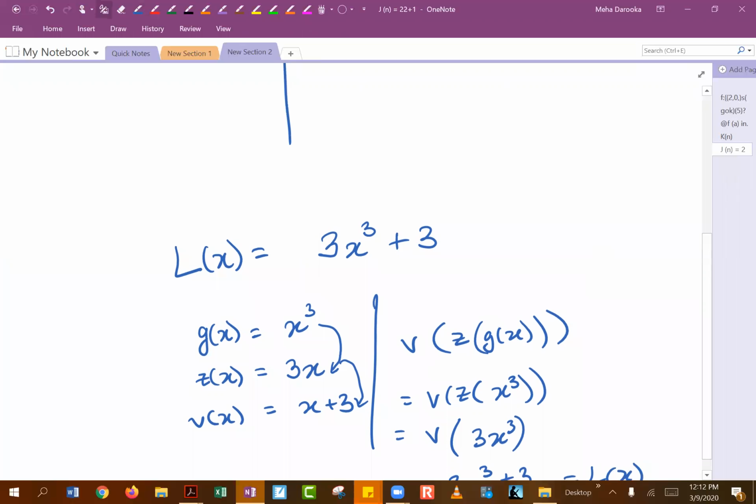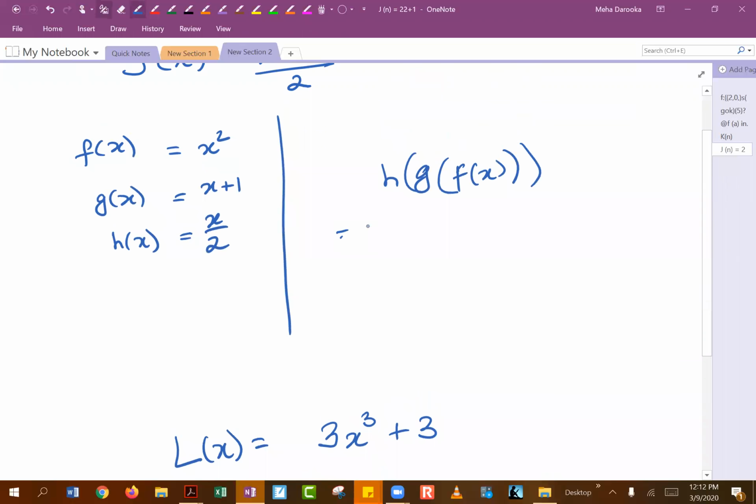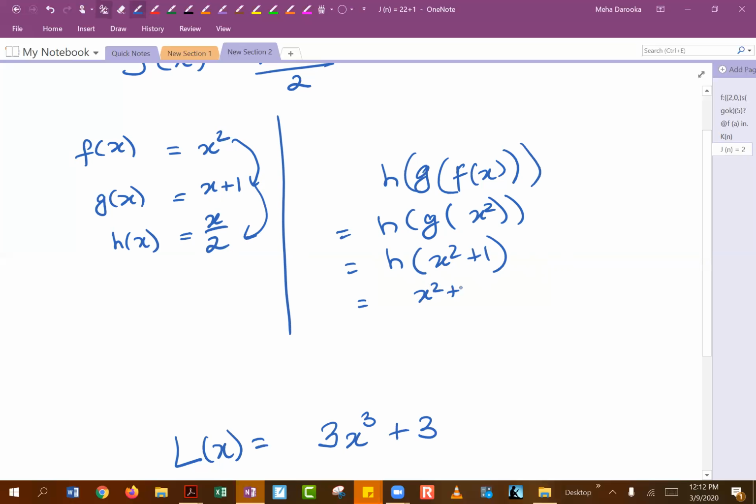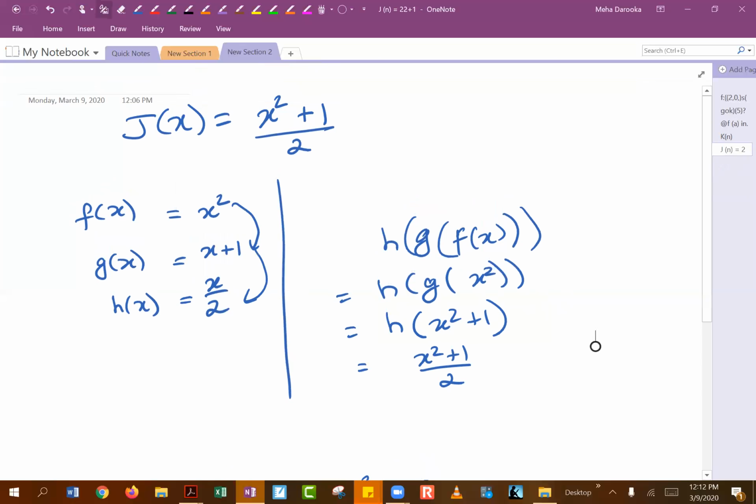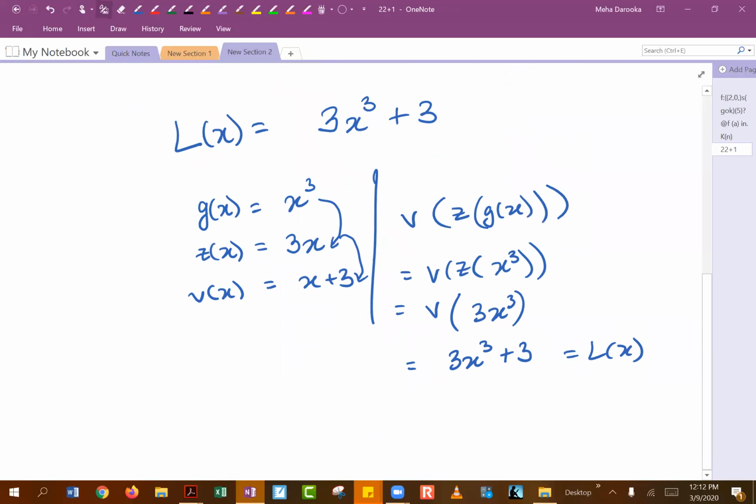And you should be able to verify that in here also. f was x squared. It was going inside this function, so that was going to become x squared plus 1. And then both of them were going inside this function. Very good.